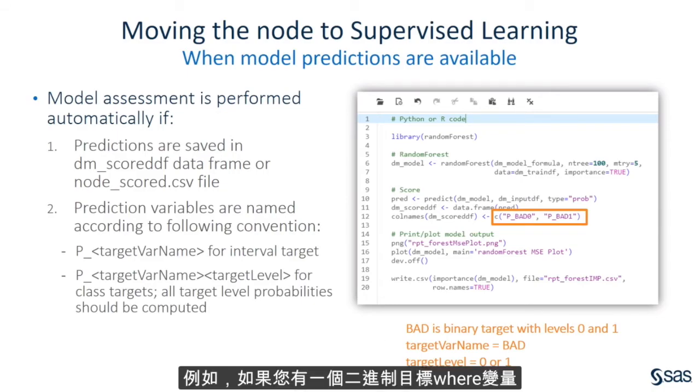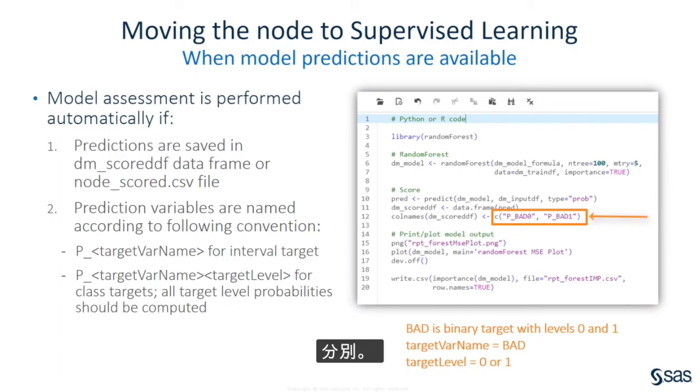For example, if you have a binary target variable called bad with levels 0 and 1, the variable names of the posterior probabilities should be P_bad0 and P_bad1 respectively.